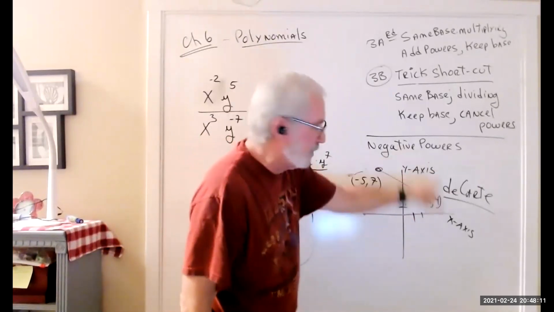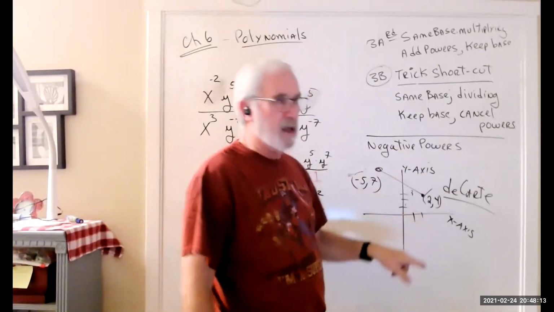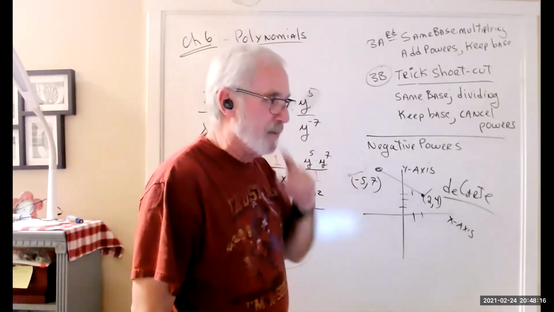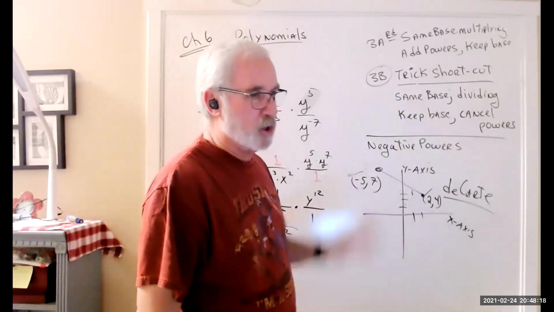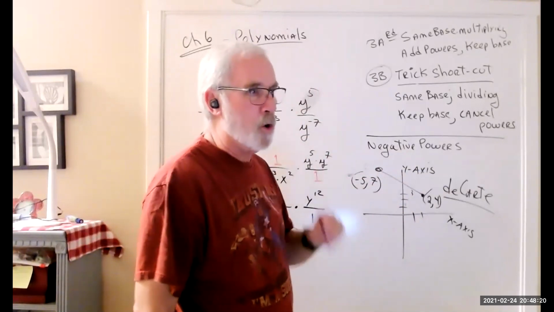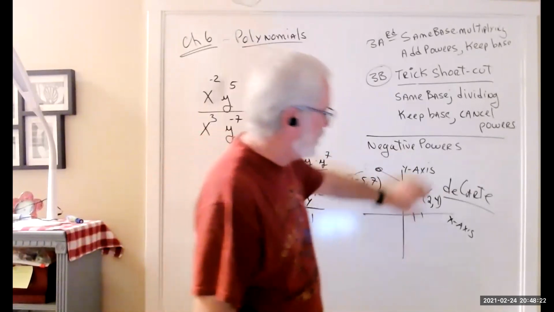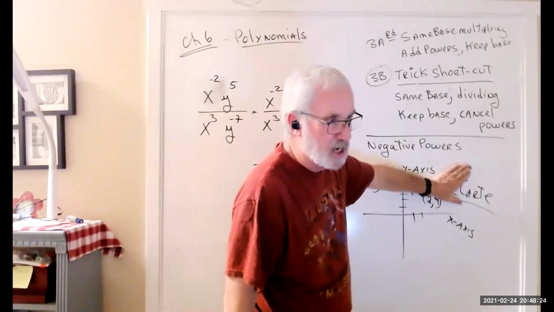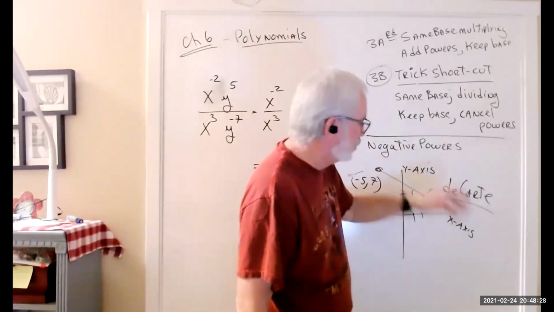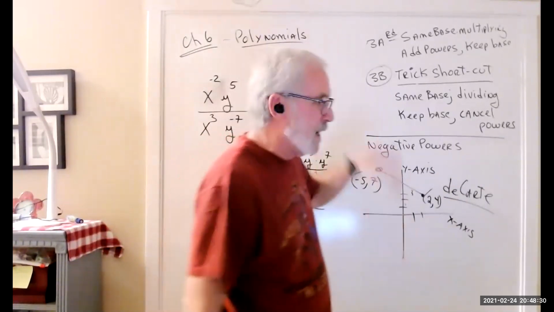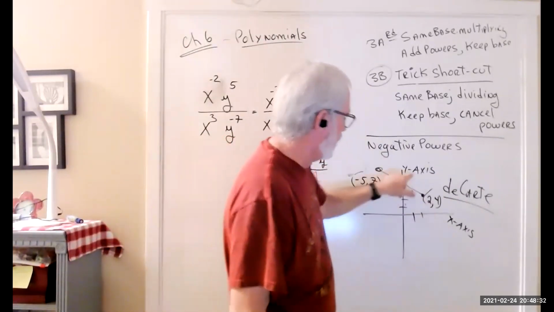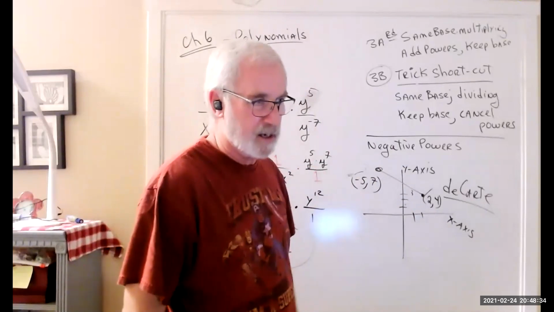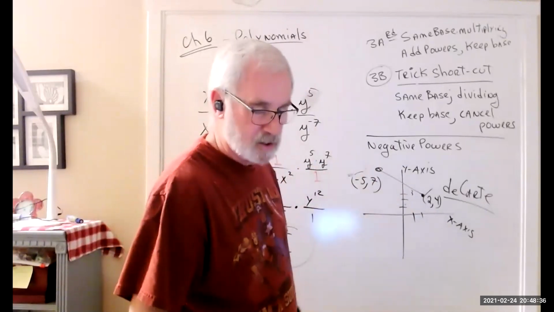So he invented this system, and for the longest time, if you look it up, a lot of people called it the Cartesian coordinate system. Cartesian, based upon his name, Descartes. Okay, the Cartesian coordinate system. Okay, we now just get lazy. We call it the XY coordinate system or something like that, or the rectangular coordinate system.